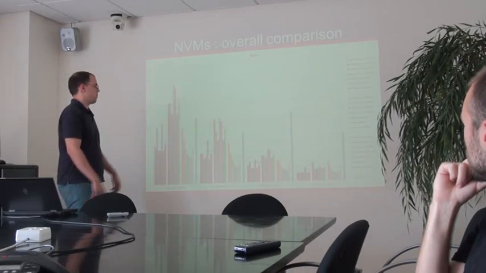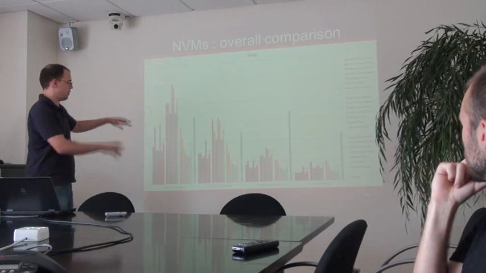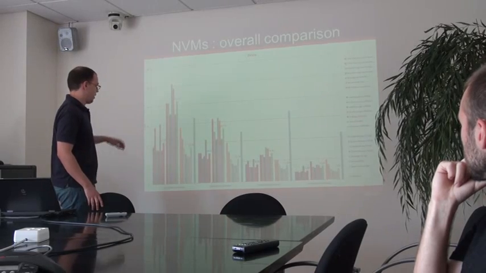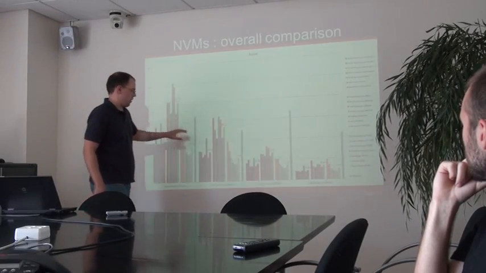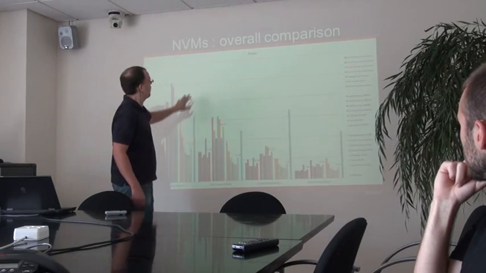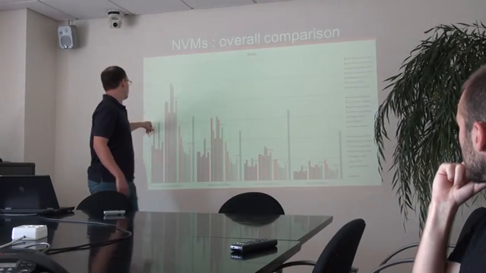Okay, this is the overall comparison. This is a lot of information for a single slide. But basically, the report has more details, but we can infer from here that this is the area in millimeters squared.